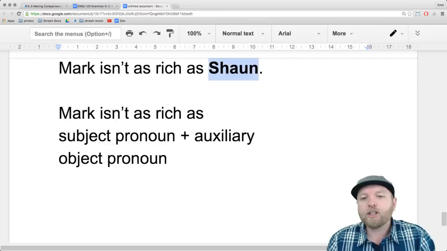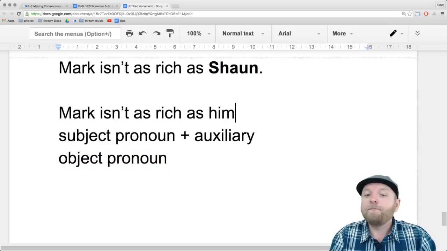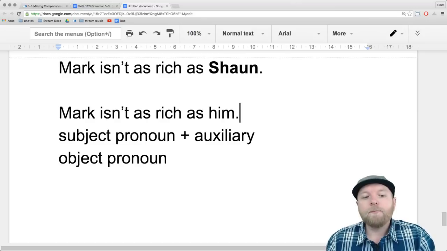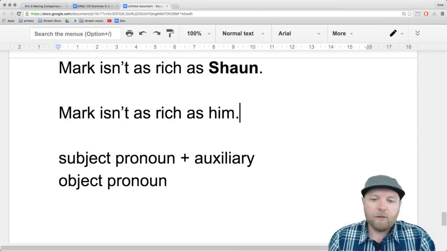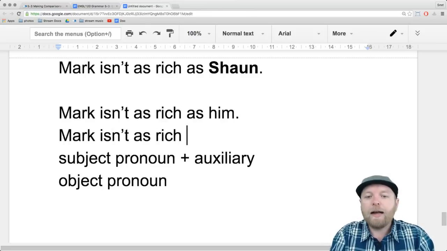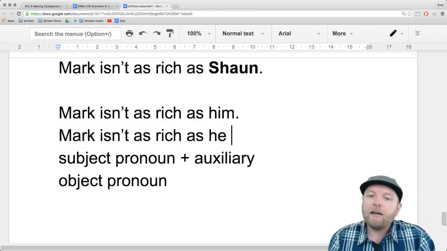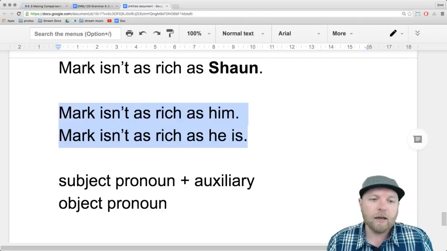How can we change Sean to a pronoun? Him. Okay, but what's a subject pronoun for Sean? Well, let's just copy this sentence. Mark isn't as rich as he, subject he plus the auxiliary, he is. These sentences are the same, Hiroshi, okay?